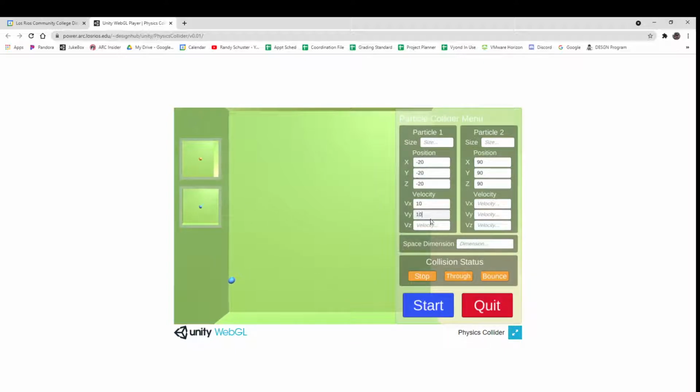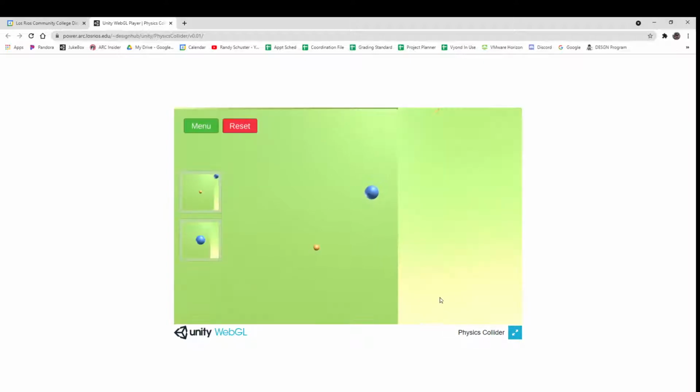I'm being very simplistic, so I'm going to give them ones that are about as simple as you can get. And then I'll give them particle sizes, which are just a visual size right now, and I'll tell them I want them to bounce off of each other. And then when I start, they go and they collide. And I know where.